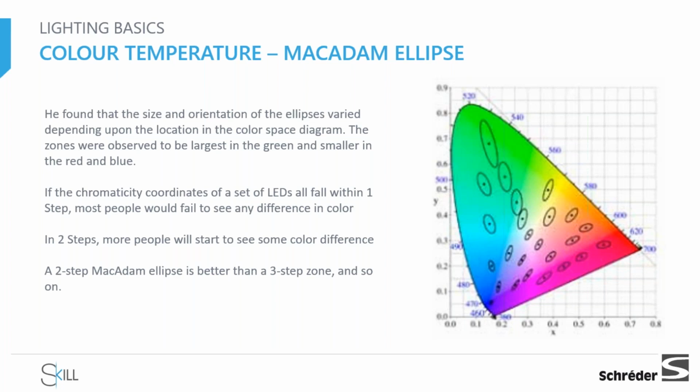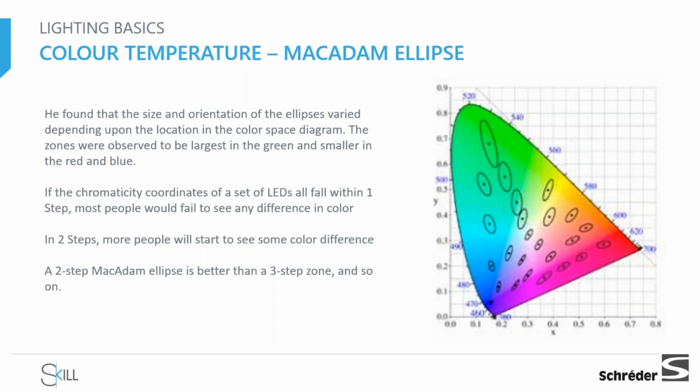So it is easier to distinguish differences in color on the warmer side more than the cooler white. What MacAdam found is that the size and orientation of those ellipses vary depending upon the location on the CIE chromaticity diagram, or the color space diagram.